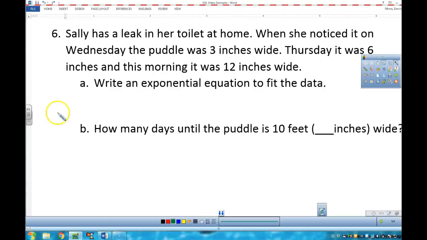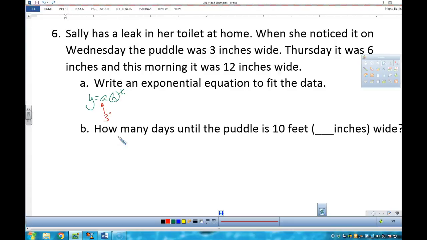So again, the exponential equation, y equals a times b to the x power. So our a is our y-intercept, also known as the starting point. So what's our a value? What'd she start at? 3 inches. There you go. She started at 3 inches. So 3 is our a value.